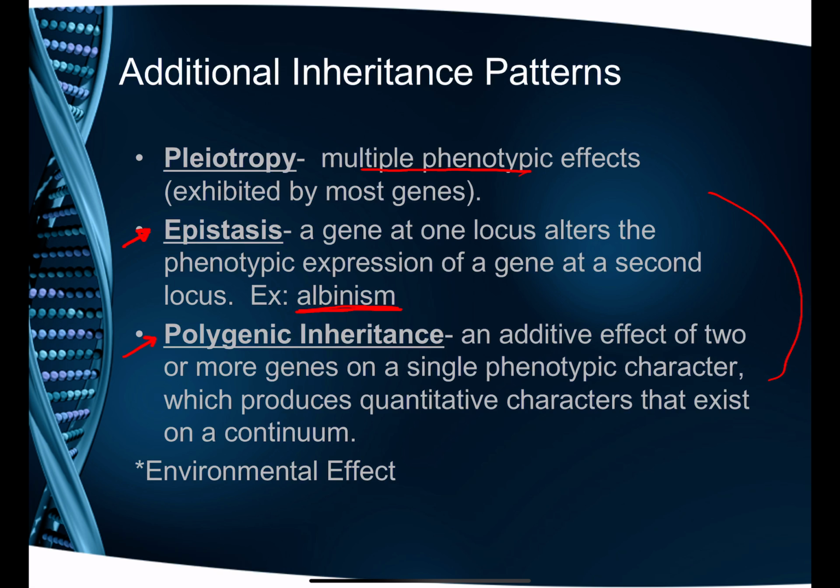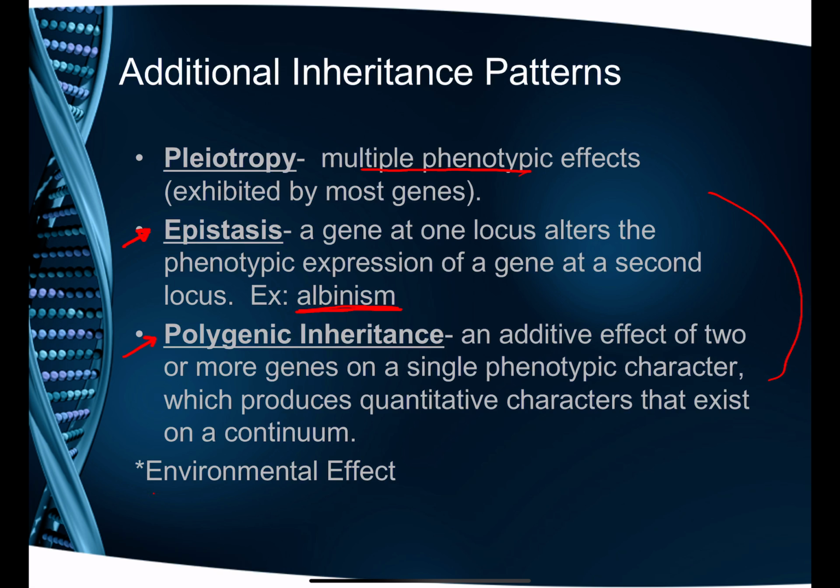Because there is not just one gene that controls it. There are many genes that control that, and so it's a combination of all of those things that give you a certain thing. It's like mixing paint at the paint store. There's only a few colors that they actually squirt into it, but it's how many drops of each color. And that's kind of how it is with polygenic inheritance.